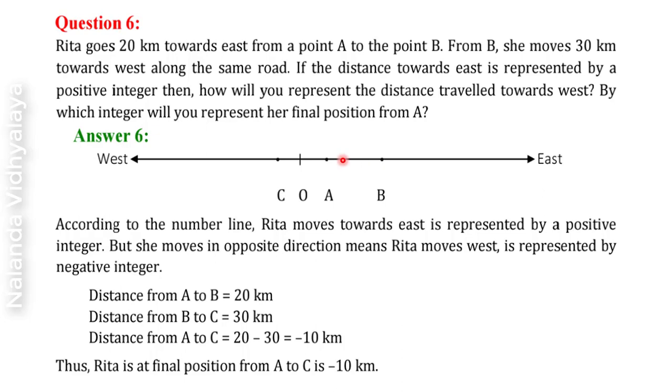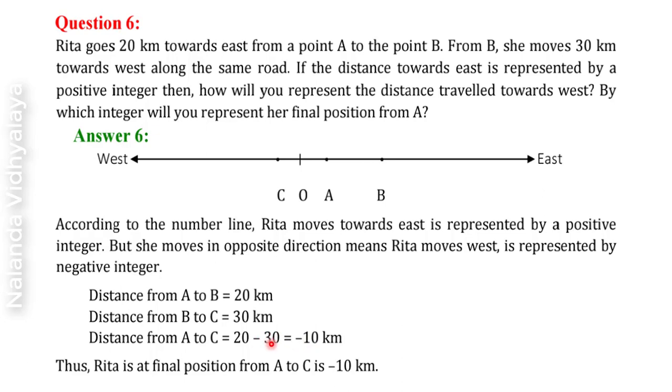If we subtract distance A to B from C to B, then we get the answer from C to A. The distance from A to C or C to A are both the same distance. A to B is 20 km and we have to subtract B to C distance, that is 30 kilometers. So we can say that the A to C distance is minus 10 km.